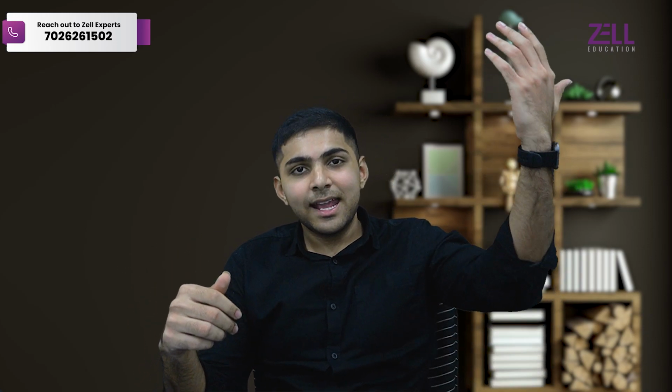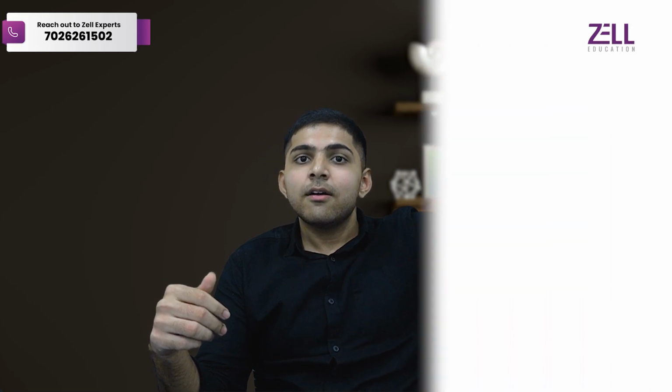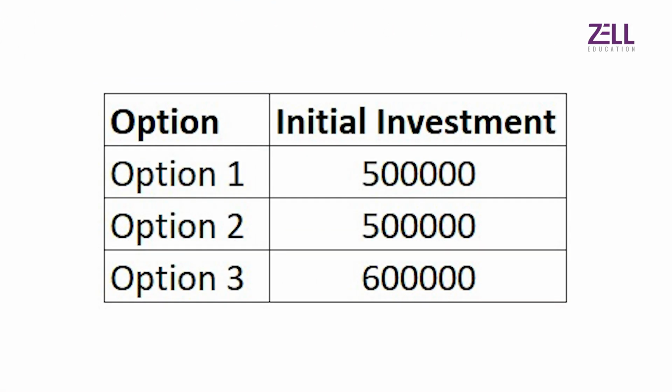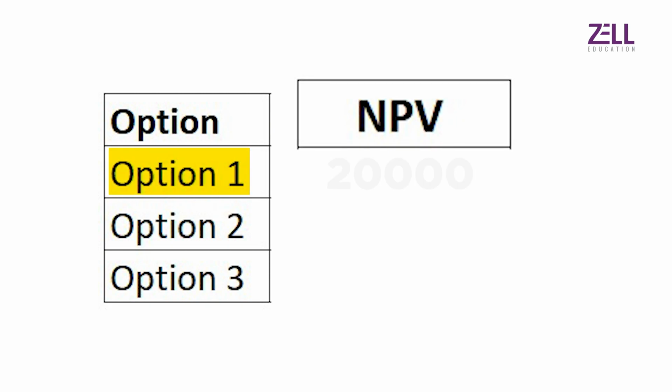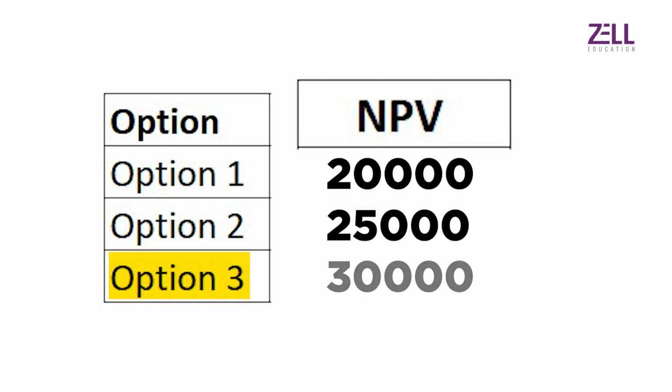Let's understand this with an example. Let's take a scenario. Company A has 3 investment options, out of which the initial investment of option 1 is 5 lakhs, option 2 is also 5 lakhs, and option 3 is 6 lakhs. And the NPV from option 1 is 20,000, from option 2 is 25, and from option 3 is 30.